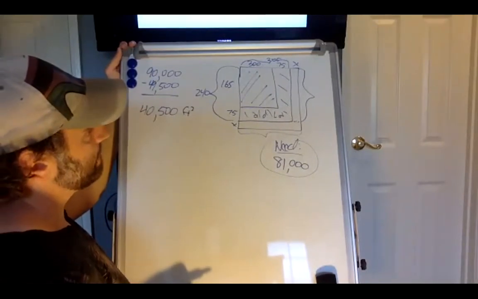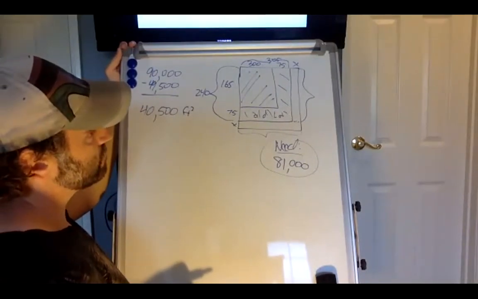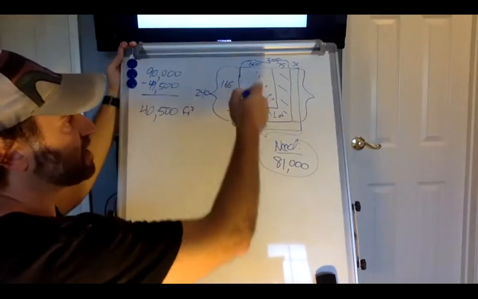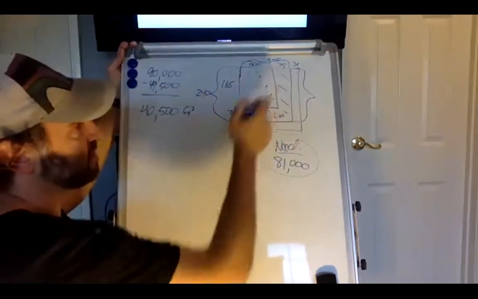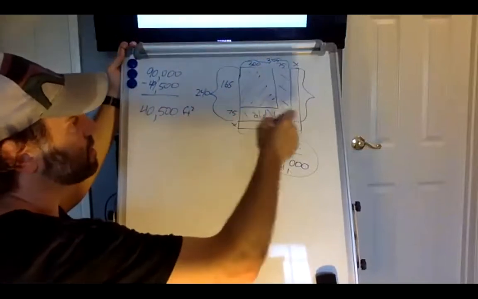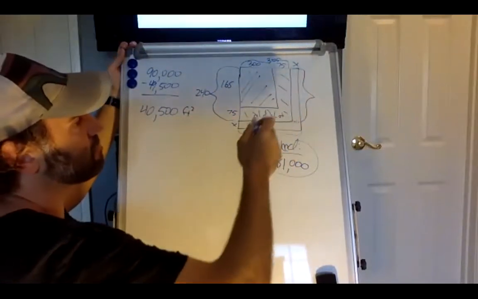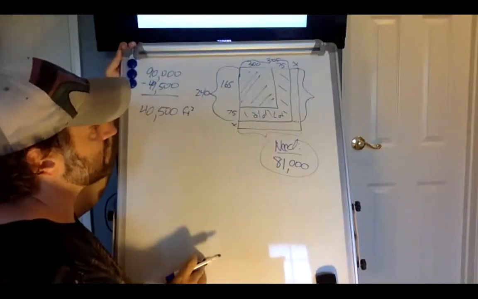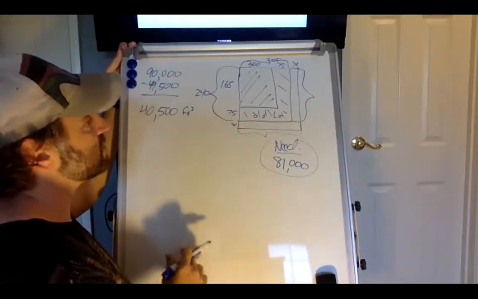I got the bottom rectangle all the way across, and then I got the smaller top rectangle. There's an easier way too. You can do the area of the big one with the x and then just subtract the small one. Yes, that's the easiest way. Okay, let's do it that way then.